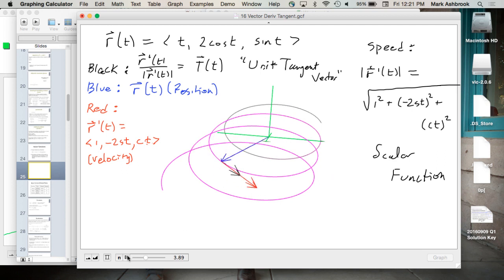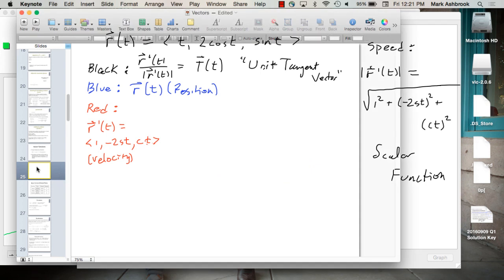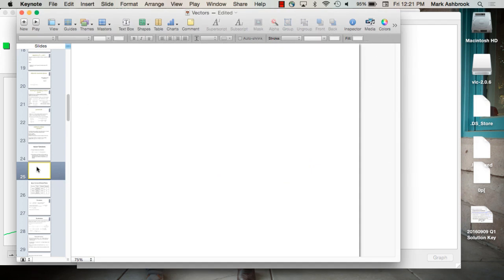Okay, so the next thing we want to talk about is, let's focus on those tangent vectors. And we want to talk about something called the unit, normal, and binormal vectors.